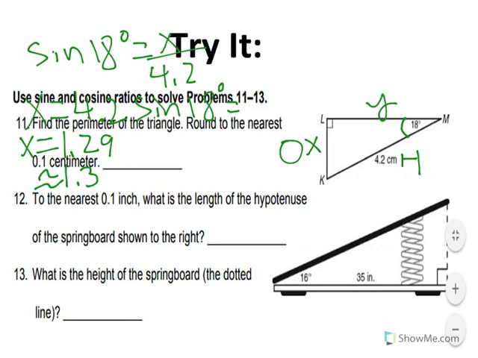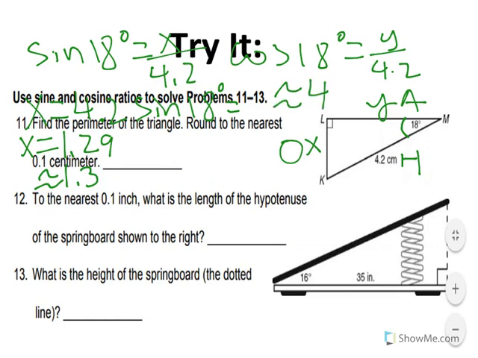And to solve for y, well, this is your adjacent and hypotenuse. So we use cosine of 18 degrees equal to y over 4.2. So then y is equal to 4.2 times cosine of 18 degrees. So then y is roughly 4.